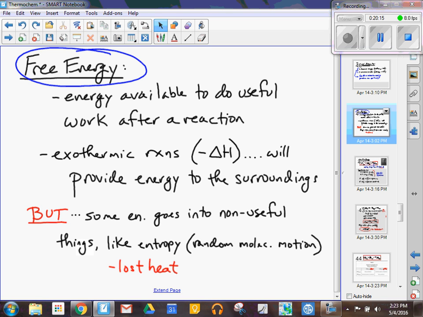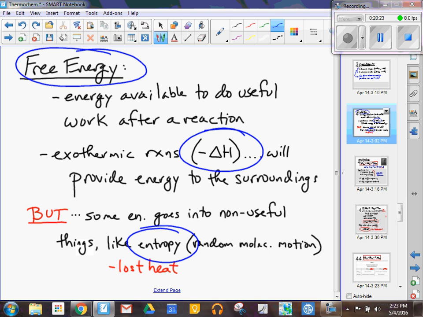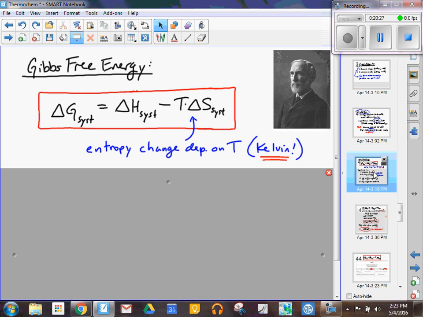So we can combine these two things: the energy generated, delta H, minus the amount you lose to entropy that is not usable. And that is maybe the most important formula in physical chemistry, physics and chemistry combined. It's called the Gibbs free energy formula. That guy is Josiah Willard Gibbs.